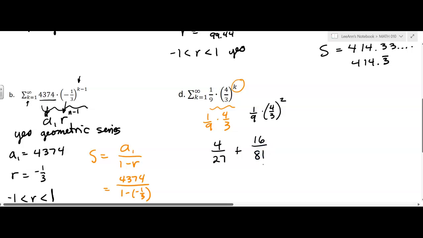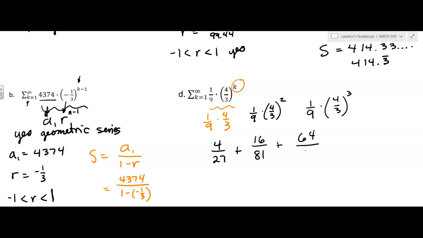You can think about 9 times 9. Okay, what would the third term be? Well, the third term is going to be 1/9 times 4/3 cubed, or 64 over, what's 27 times 9? It's 243, I think.